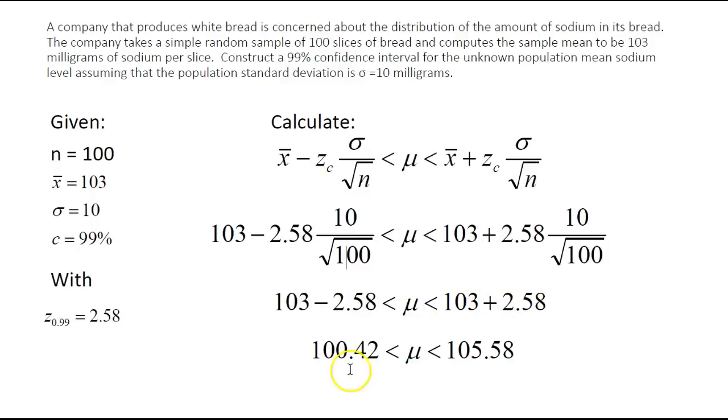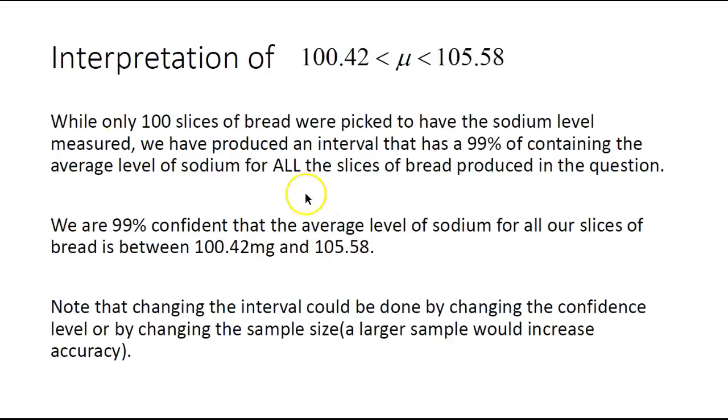So what we have here is we believe that the population average of sodium in all the white bread is somewhere between 100.42 milligrams per slice and 105.58 milligrams per slice. And that's with a confidence level of 99%. And here I just stole some thunder.